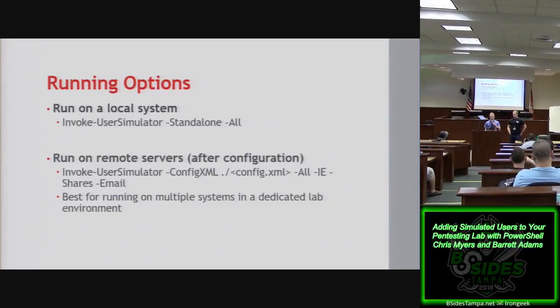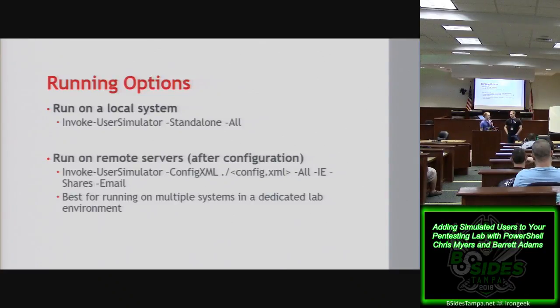So take a look at the 2 ways we can run it. We can either run it locally. That's pretty simple. You're just going to see the simulated stuff happen on the machine that you're on and running from. So if you only have a couple machines, that's definitely the easiest way to just kick it off and you're good to go. Configure function.